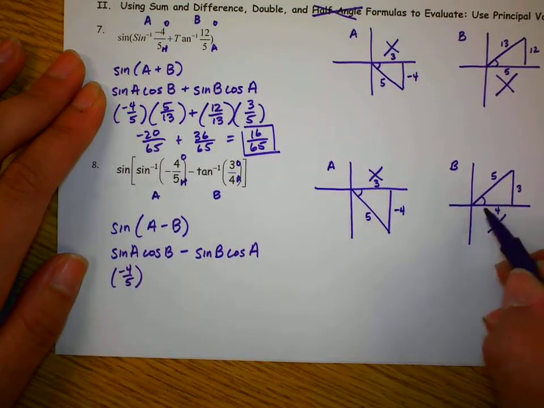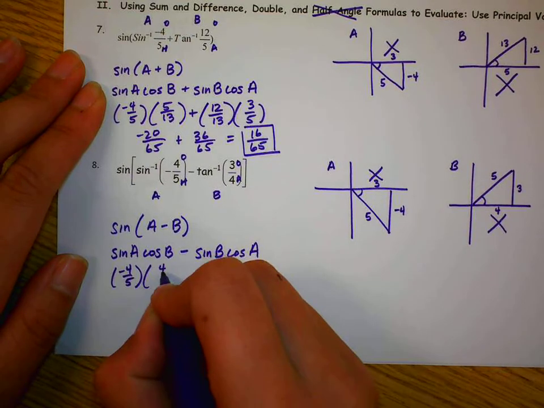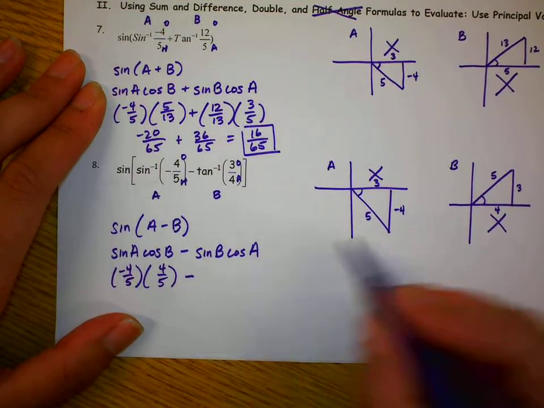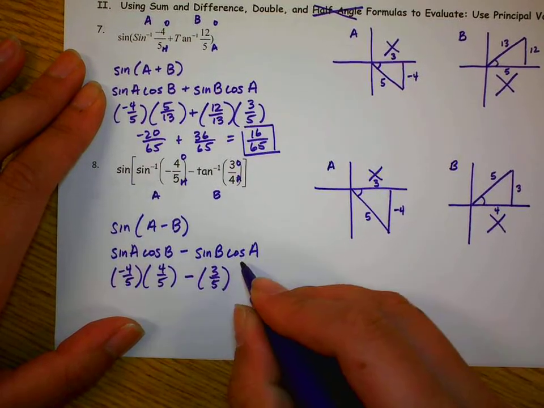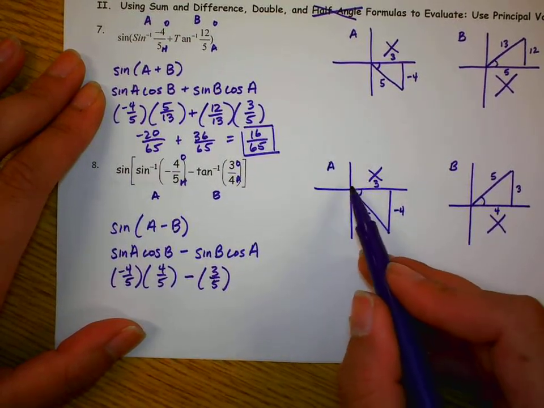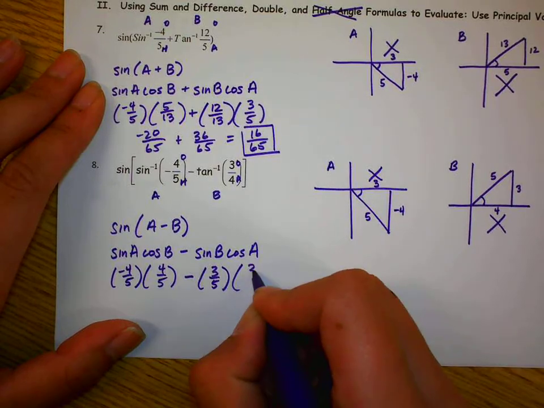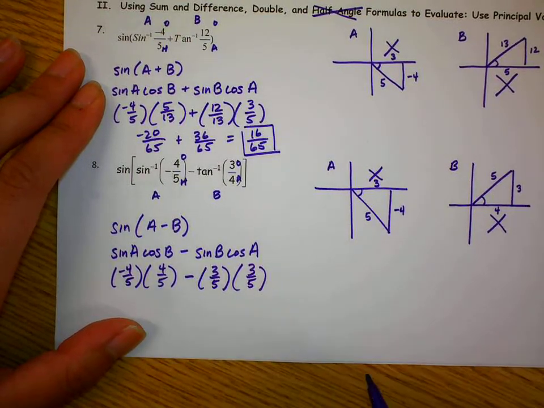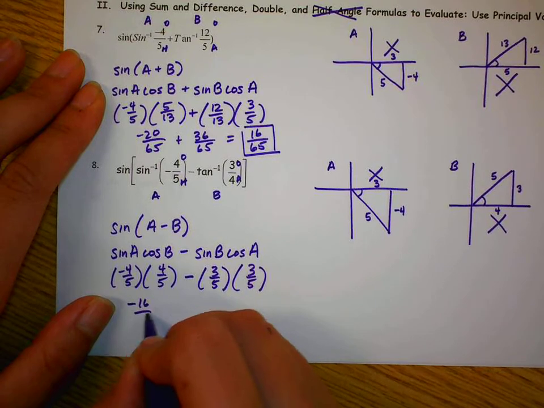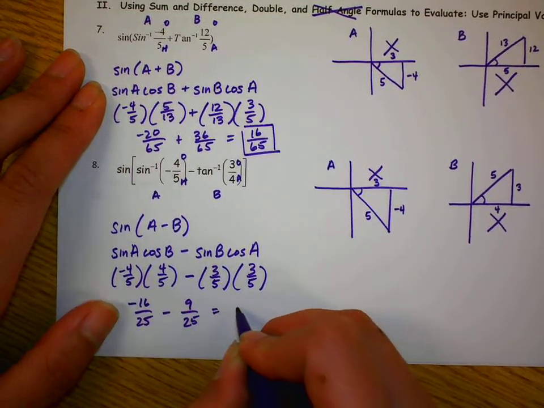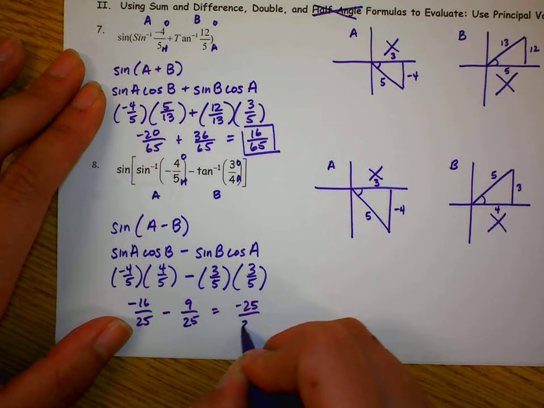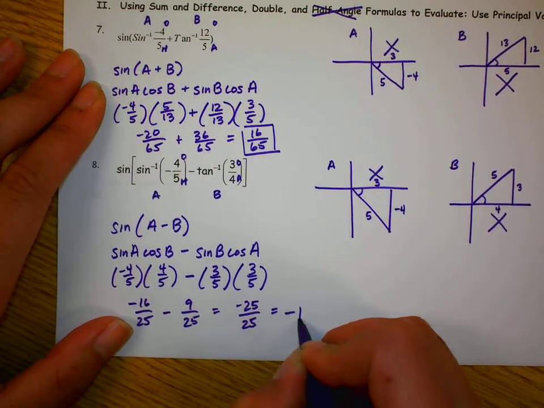Cosine of B, adjacent over hypotenuse, is 4/5. Minus sine of B, opposite over hypotenuse, is 3/5. Cosine of A, we have adjacent over hypotenuse, 3/5. Okay, so we have negative 16 over 25 minus 9 over 25 will give us negative 25 over 25, which equals negative 1.